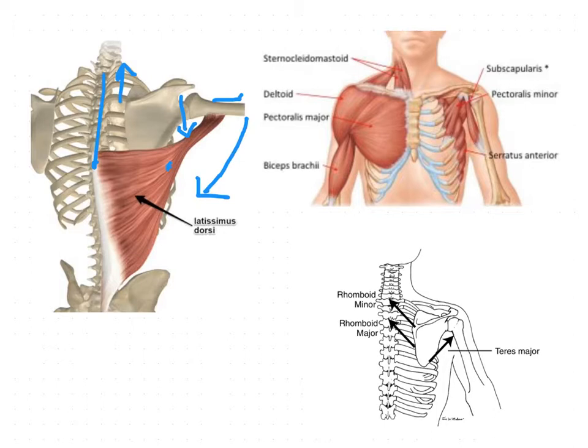In depression activities, the scapula tends to rotate downward, like this, and adduct. That means the medial border of the scapula is coming nearer to the midline during the humeral motion.